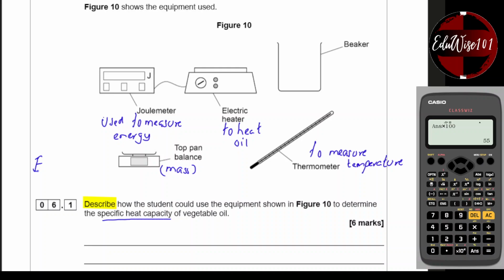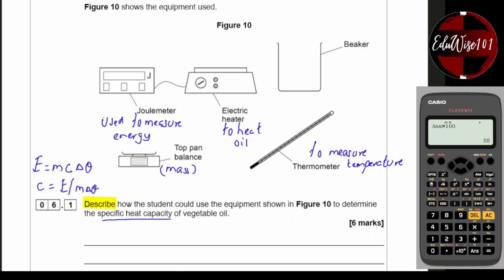The energy transferred equals the mass multiplied by c, which stands for specific heat capacity, and this triangle symbol, delta theta, is the temperature change. So if you rearrange this equation, c, or specific heat capacity, equals the energy divided by the mass multiplied by the temperature change.